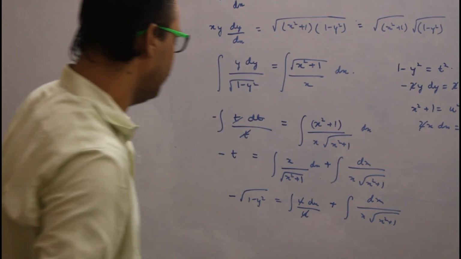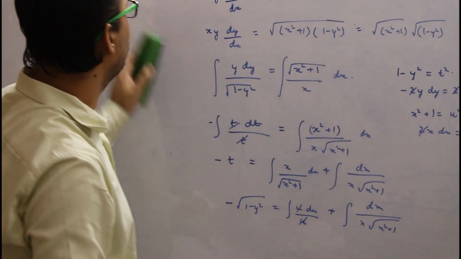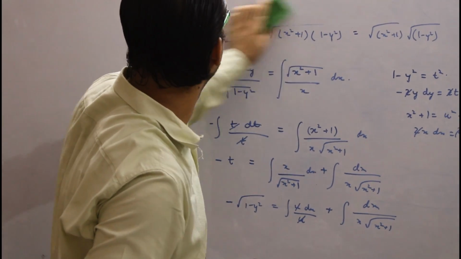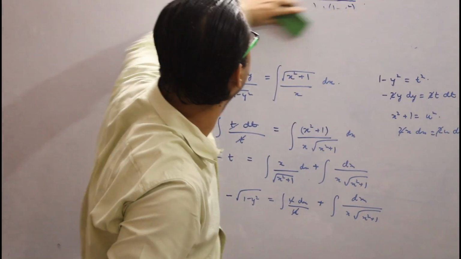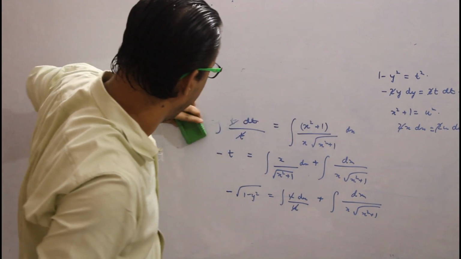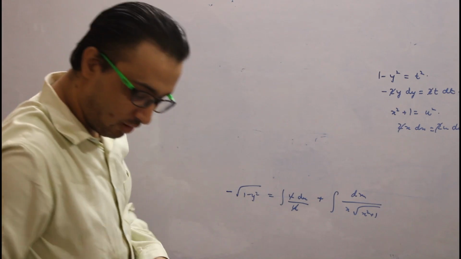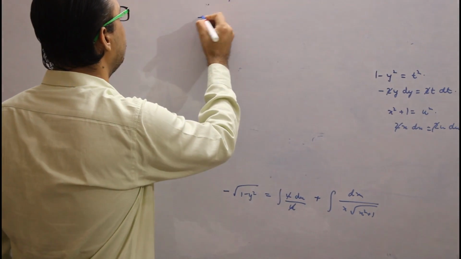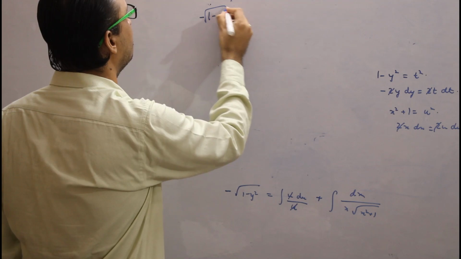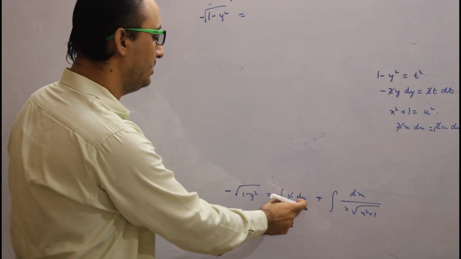Okay, so what we get here, I will try to write it on the upper portion. So what I have got is minus of under root 1 minus y square is equal to, this is only integral of du, that will be u.